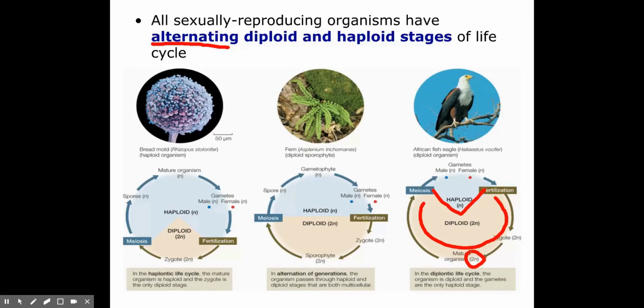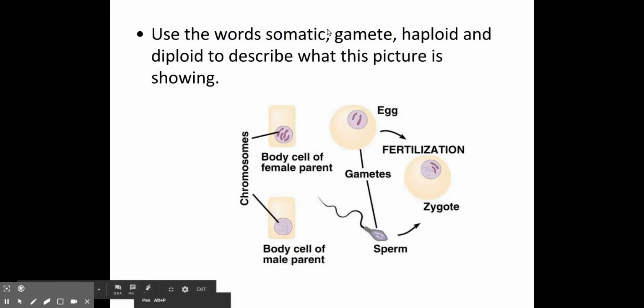See the 2N right there? That would be all of our body cells. And then there's a small portion of our cells that are going to undergo meiosis to produce the gametes. So we still do have an alternating life cycle of diploid, haploid, but the majority of our cells are diploid.